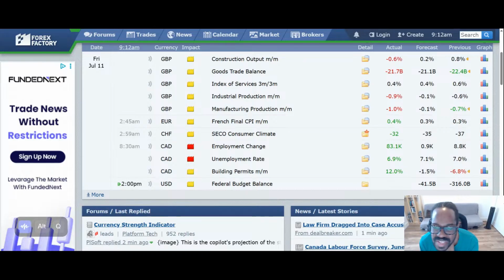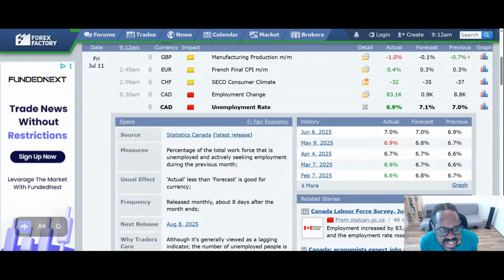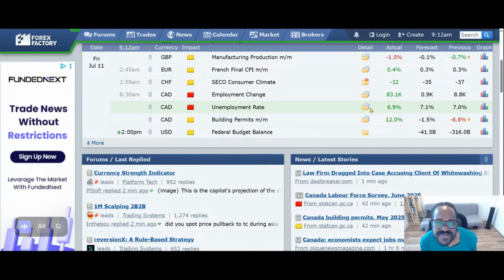So unemployment rate we're at 6.9%. We're expecting 7.1. So the unemployment rate is better. If we look at the details here, actual less than forecast is good news. That's perfect.